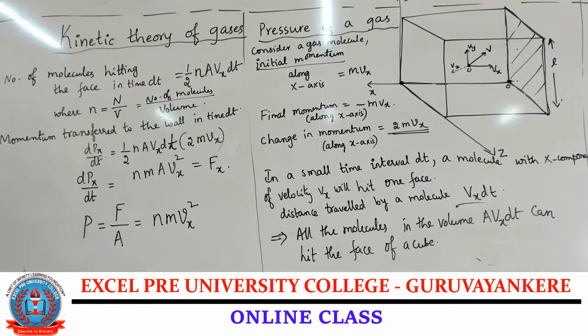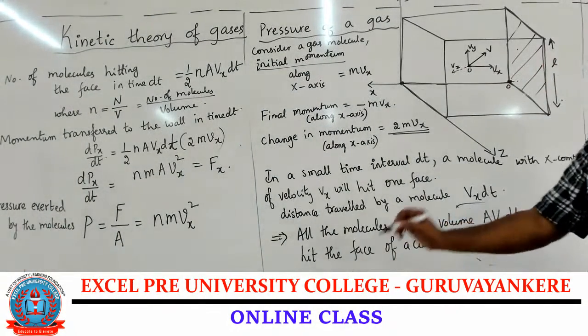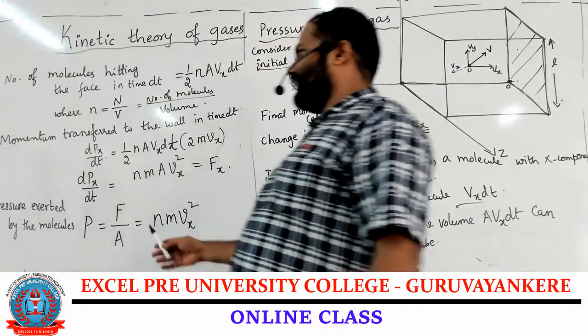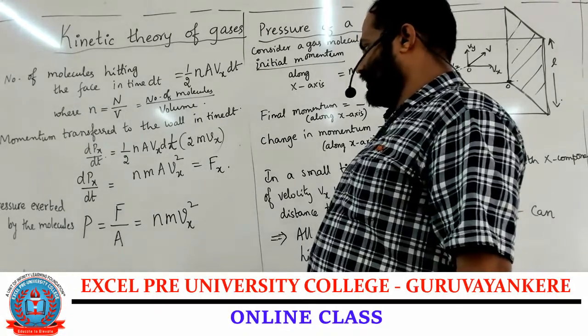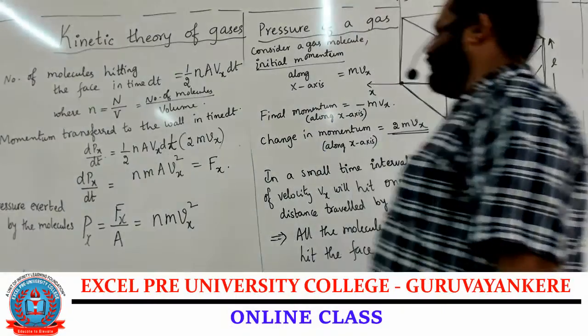Pressure exerted on the wall by the molecules is n m Vx square. Okay. So if this is a force, this is the pressure exerted in the x direction, only in the x direction, Vx square.